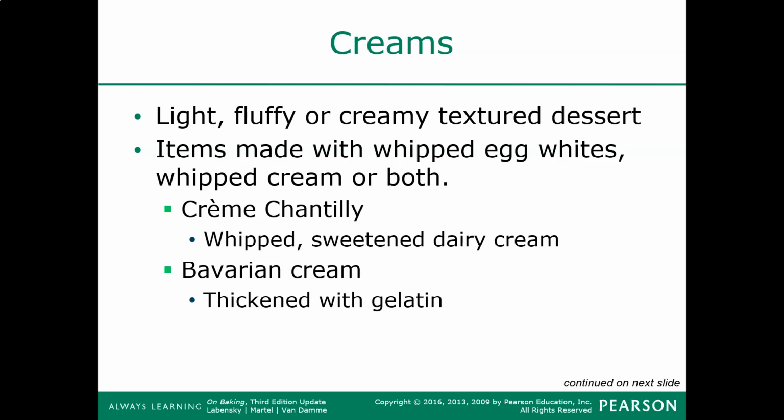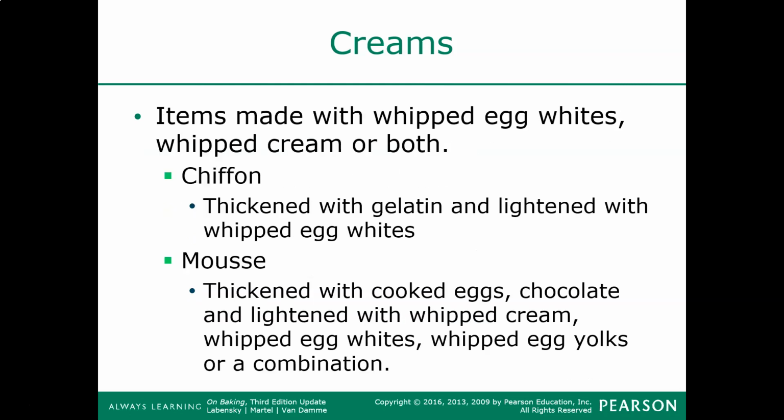The success, however, depends on properly whipping and incorporating the egg whites or heavy creams. A chiffon is thickened with gelatin and lightened with whipped egg whites. A mousse is thickened with cooked eggs, chocolate, and lightened with whipped cream, whipped egg whites, whipped egg yolks, or a combination.